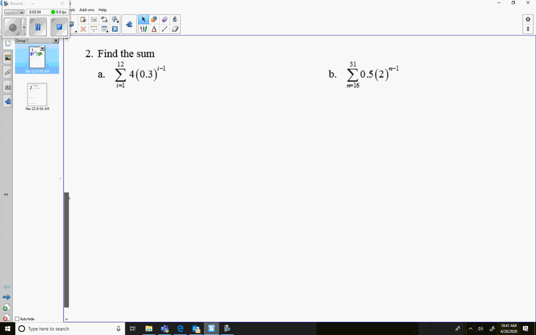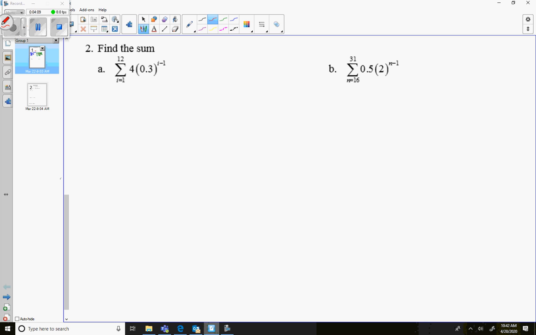All right, next question. 2, find the sum for i equals 1 to 12, 4 times 0.3 to the power of i minus 1. So, summation notation, this is a sum to begin with. i equals 1. So the first time through the loop, i is 1. So we get 4 times 0.3 to the 1 minus 1 power, or 0.3 to the 0th power, which is 1.